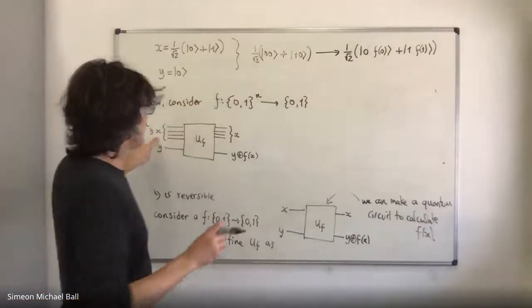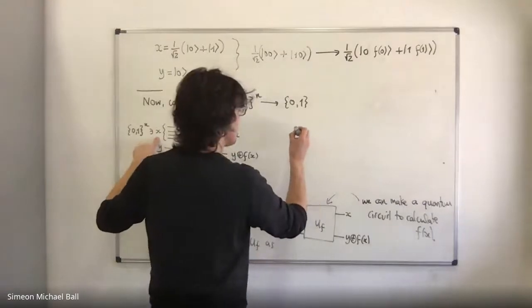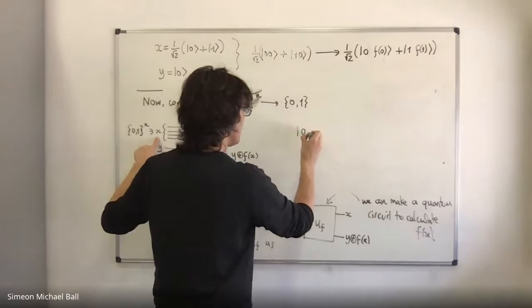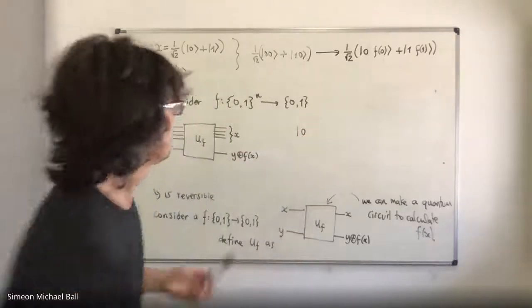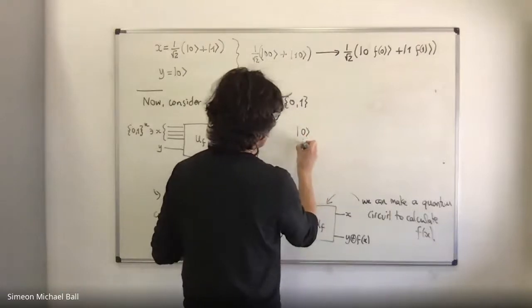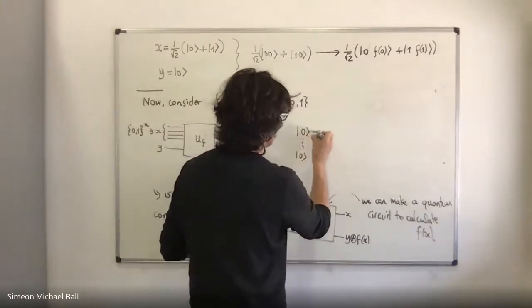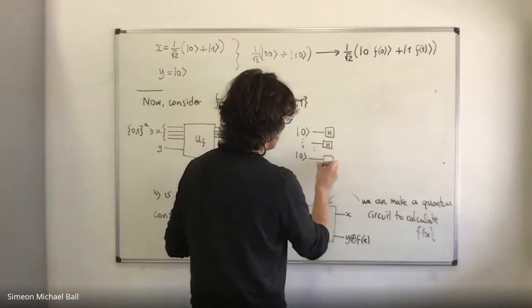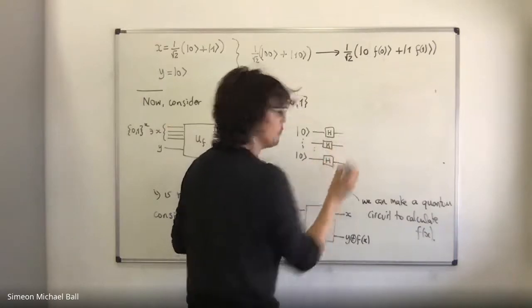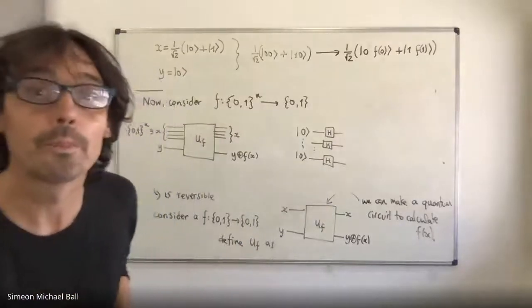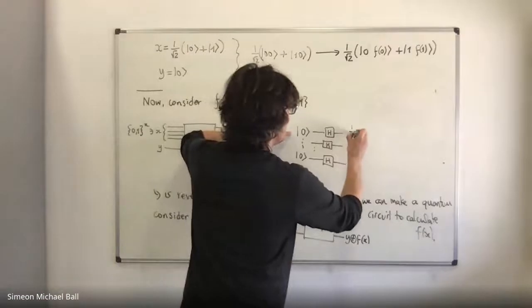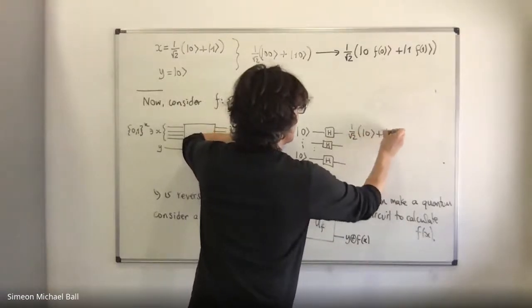What would happen if, to feed into this x, I started off with zeros everywhere, and to each bit we apply a Hadamard?